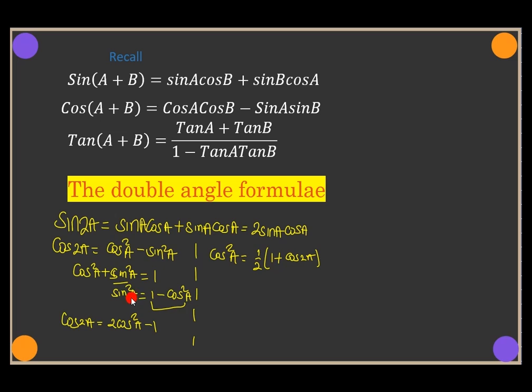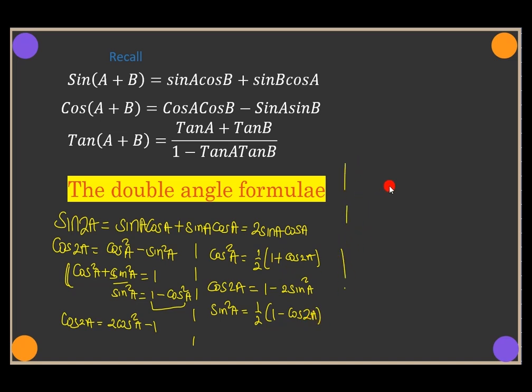Instead, if I substitute 1 minus cos squared for sin squared, I shall have that cosine of 2A is equal to 1 minus 2 sin squared of A. And if I make sin squared the subject of the formula, I shall have that sin squared A is equal to a half into 1 minus cosine of 2A.